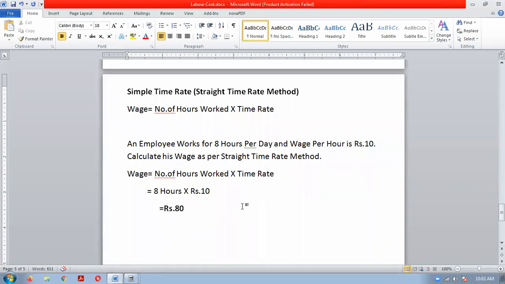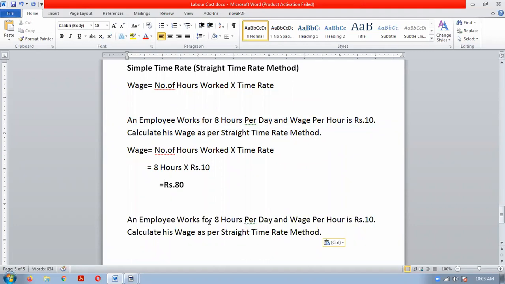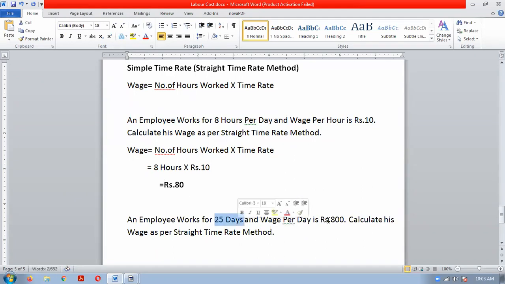So here we have taken hours. It can be days also. So we will take one calculation on days also. Instead of hours, let us take an employee who works for 25 days in a month, and wage per day is, let us say, 800. Here days are given, so wage will also be per day. So how will you calculate wage as per time method?